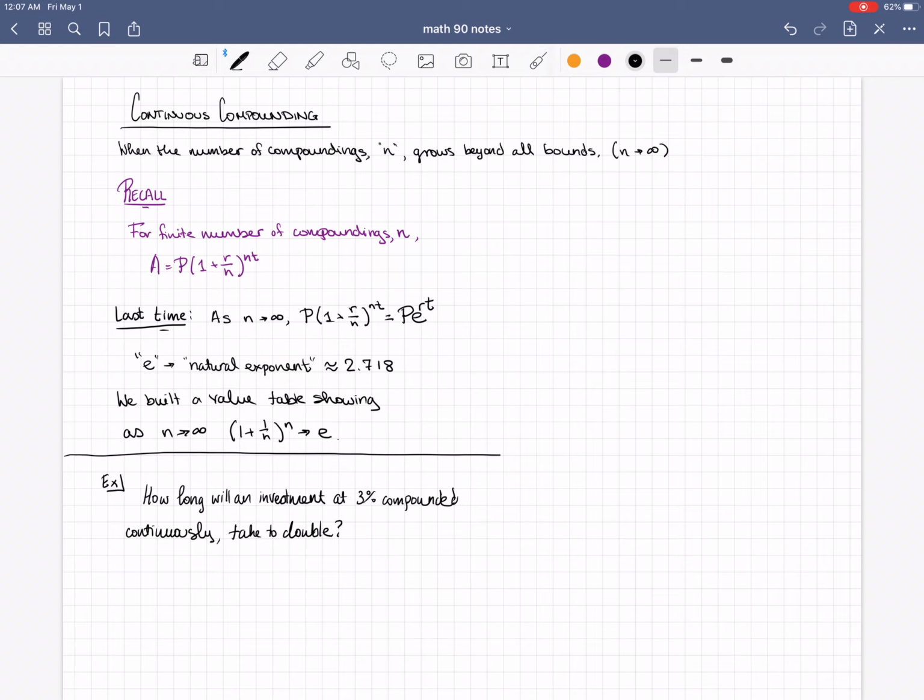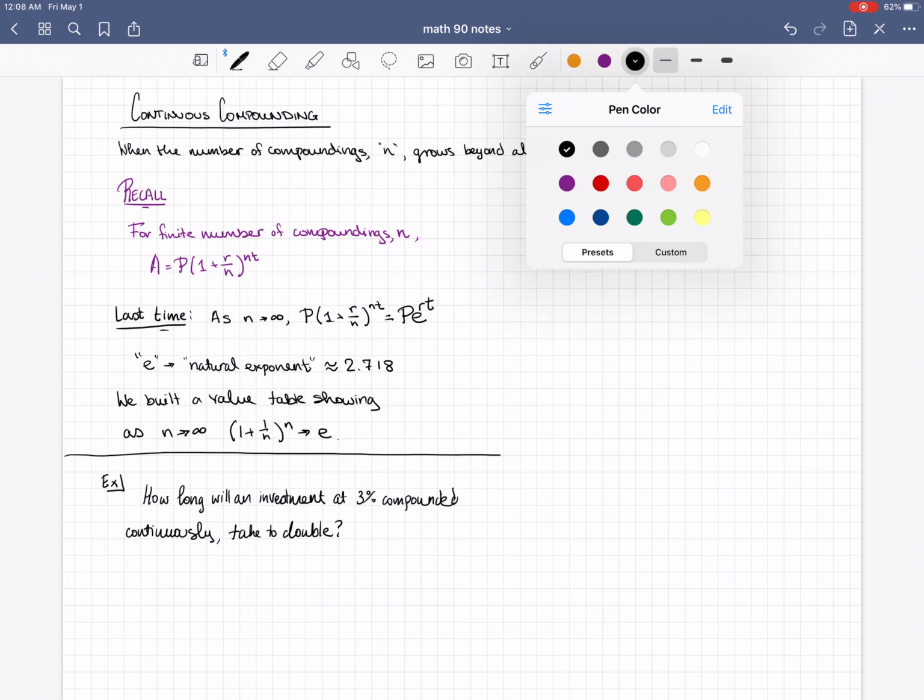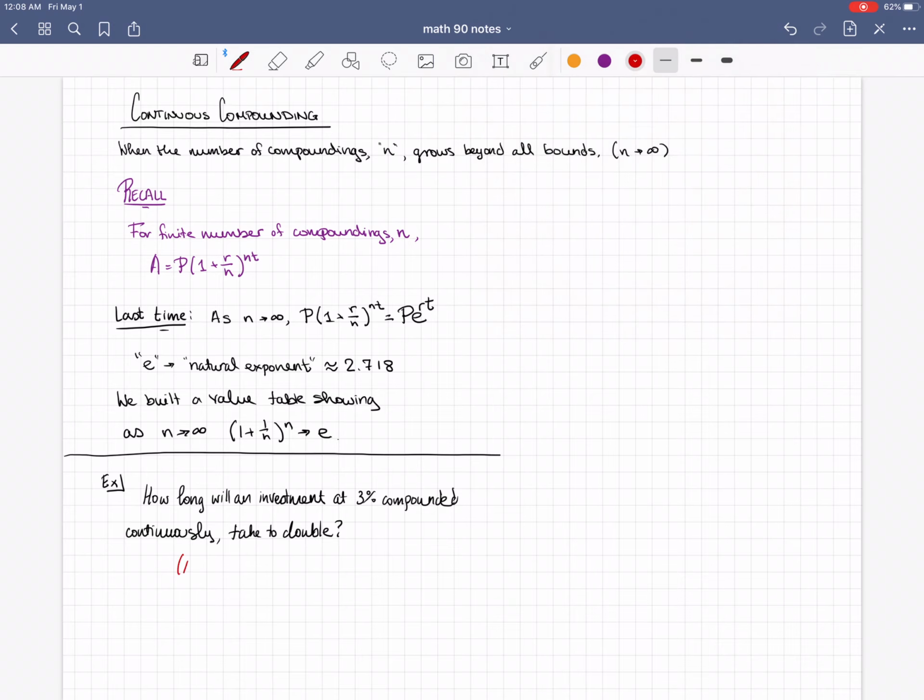Okay, so notice that here I'm not telling you what the size of the investment was. So I'm actually going to write that here because I want to point it out. Note, we are not given P.